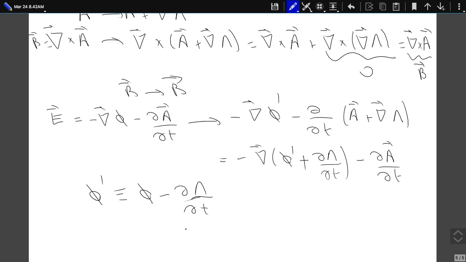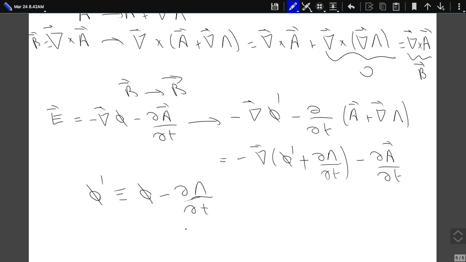If you impose the condition that the divergence of A is equal to 0, then what you obtain is just Poisson's equation. Remember, this rho is possibly time dependent. So we can choose the divergence of A equal to 0. This is not something we derive; this is a condition we impose on our potentials.